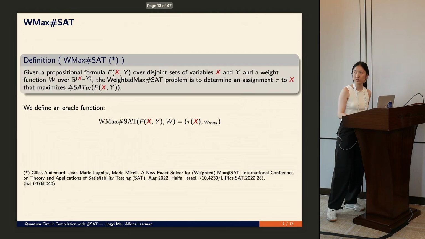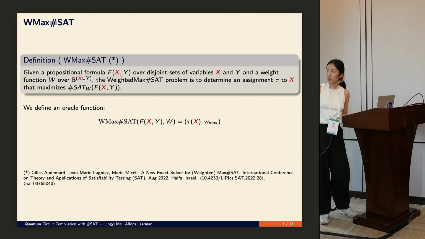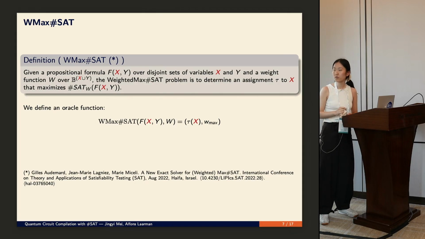As we mentioned in the previous slides, the synthesis problem is reduced to an extension of the weighted model counting problem, which is called weighted max sharp-SAT. Here's the definition of this problem. If we set this set of variables X to be the empty set, we will get exactly the weighted model counting problem.